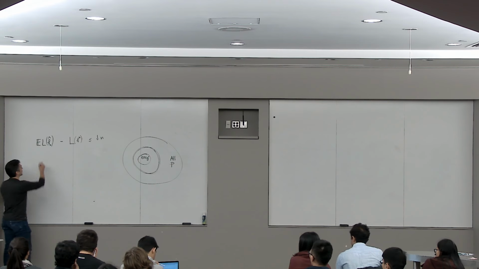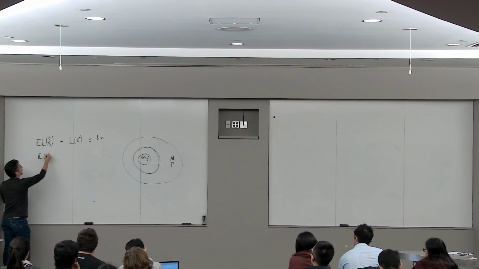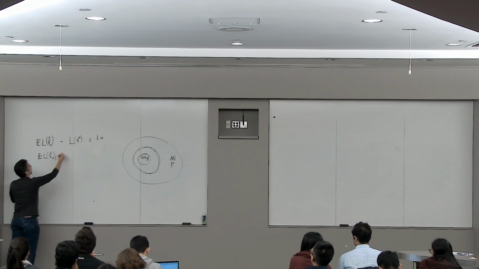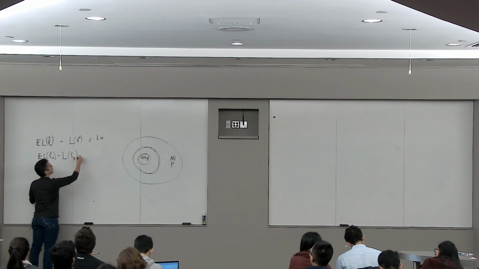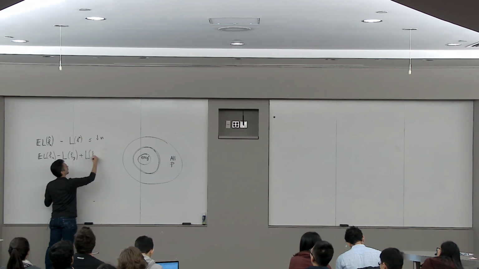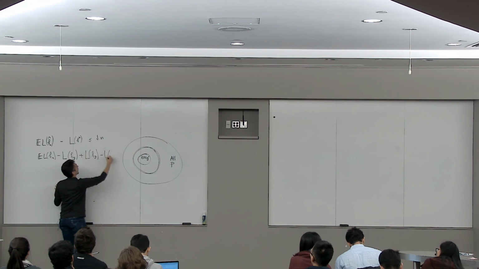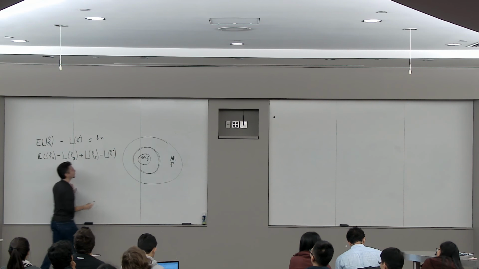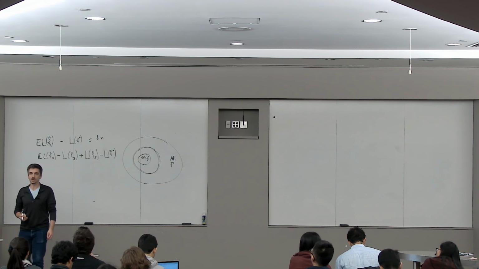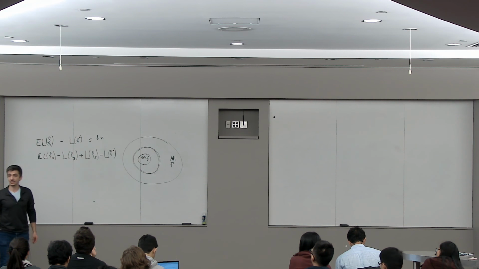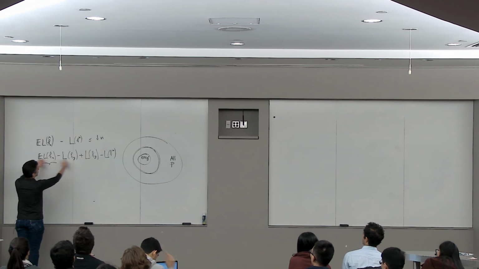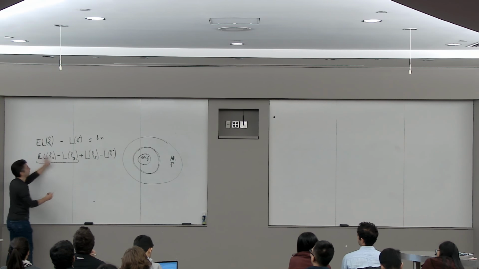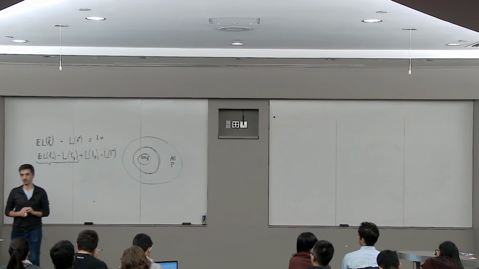And one way to split it is expected L of f hat n minus L of f sub F, plus L of f sub F minus L of f star. Okay, and this is a kind of bias-variance decomposition, but the only stochastic part is the first difference, right? This is the only stochastic part.